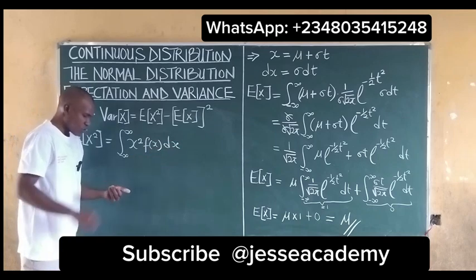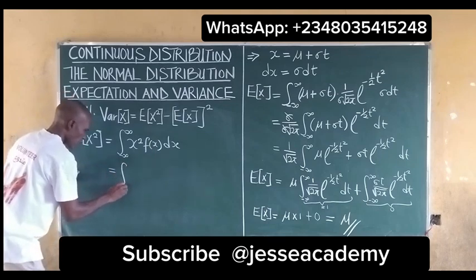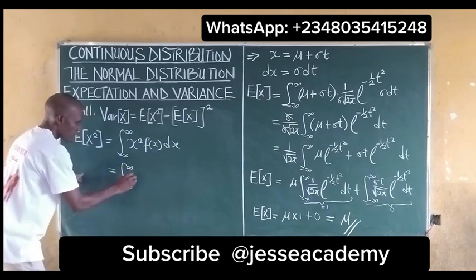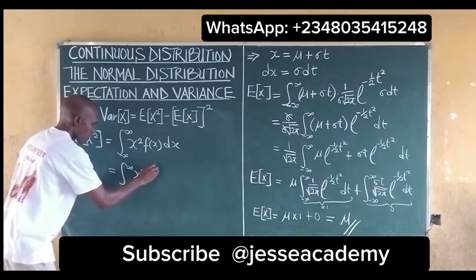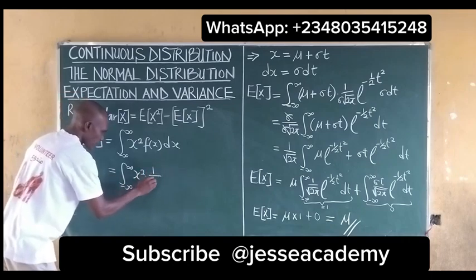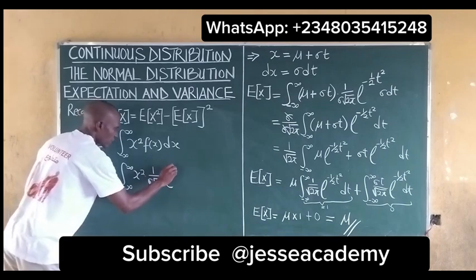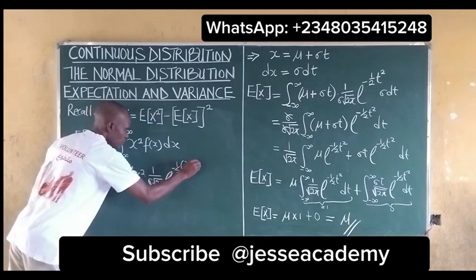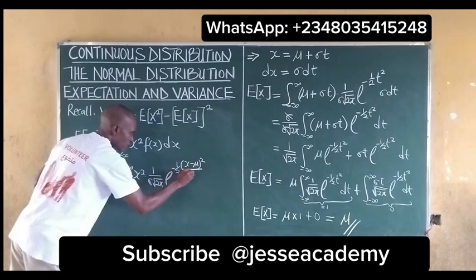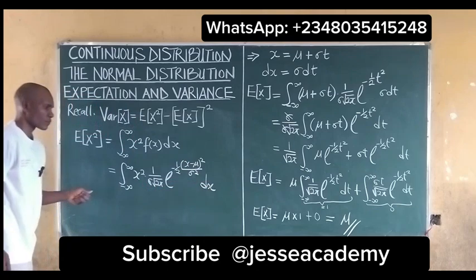The next thing to do is to impute the PDF into this, which is equal to the integral from negative infinity to infinity x squared multiplied by 1 all over sigma square root of 2 pi exponential negative 1 all over 2 x minus mu squared all over sigma squared dx.